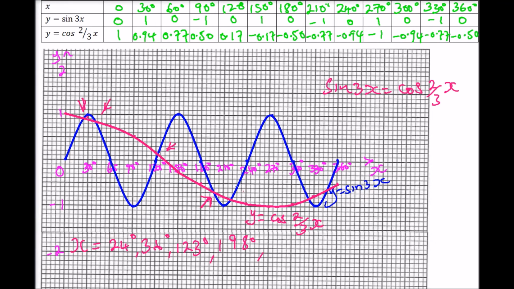The other one is around 216. Then the next one is 318, and the last one is 354. Those are the angle values where the two functions are equal, and that means the places where the two graphs cut each other.